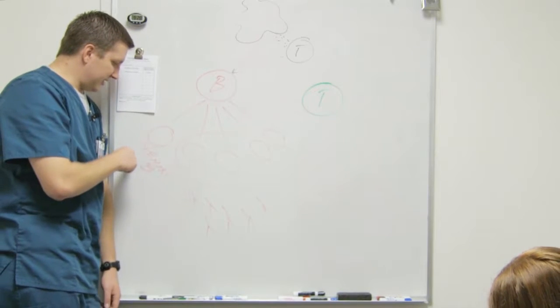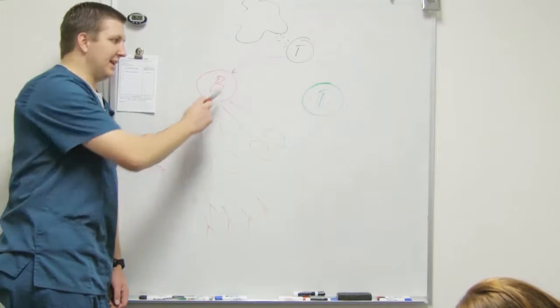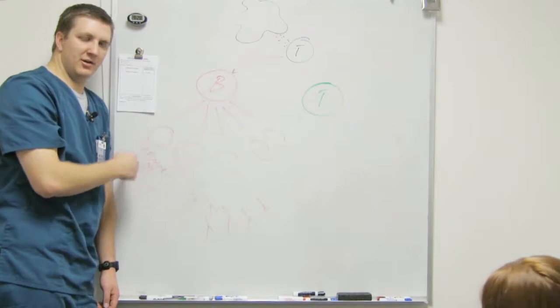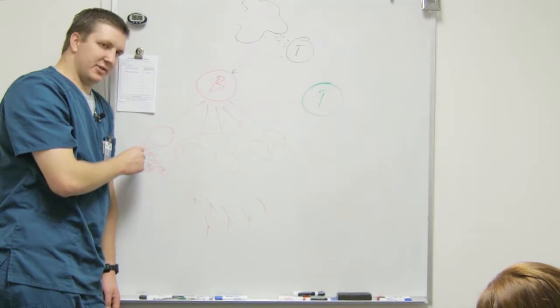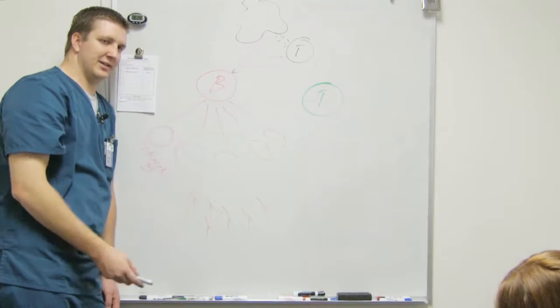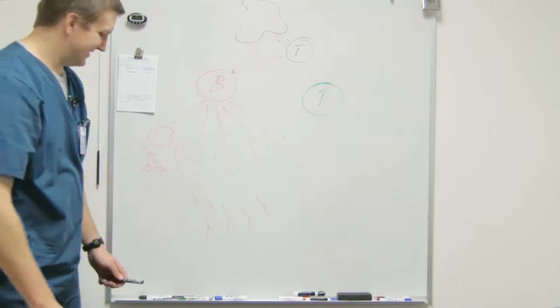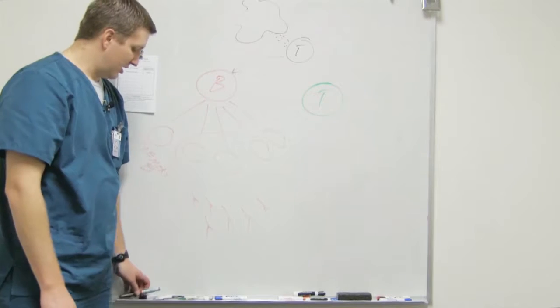The memory B cell says, oh, hey, I already remember that from last time. It doesn't need a helper T cell anymore. We already remember that pathogen. And so this one immediately starts to do what that one did, and divide and produce antibodies and make more memory cells.